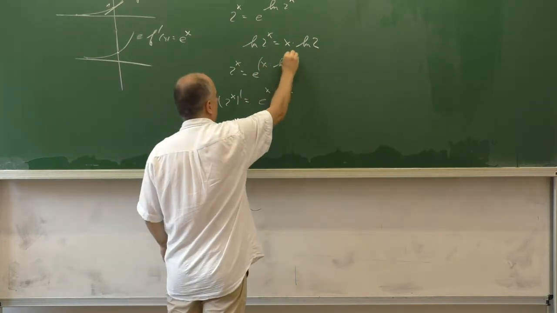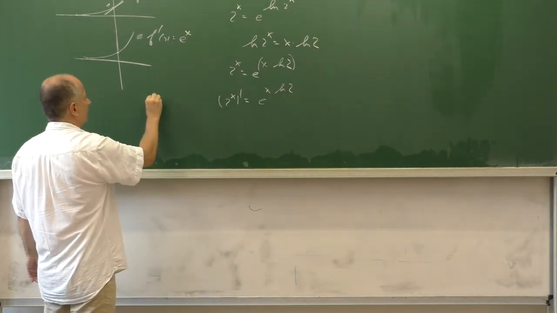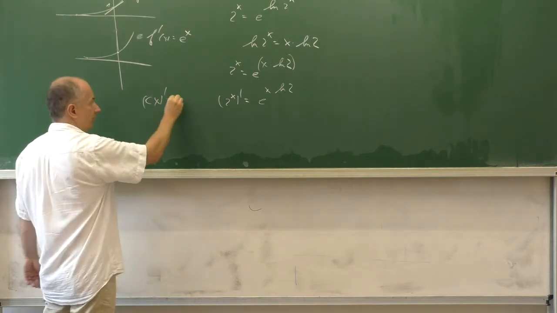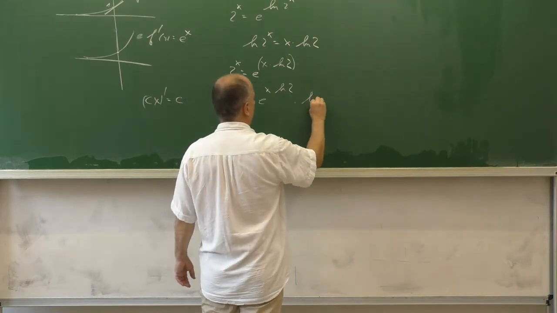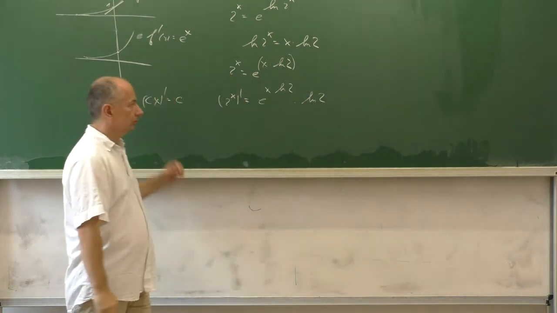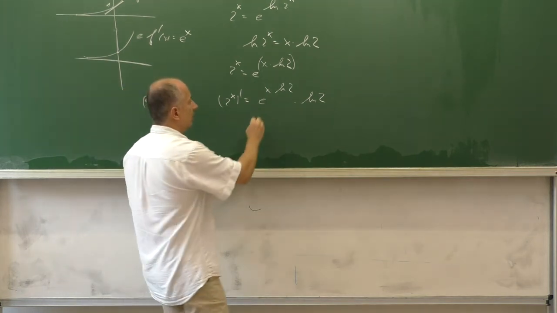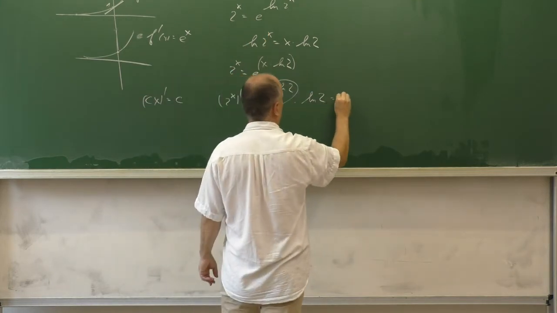And the inner function is just x multiplied by a constant. But the derivative of x multiplied by a constant is the multiplicative constant itself. So we must multiply by logarithm of 2. And this can be simplified because this term is just the function itself, 2 to x.